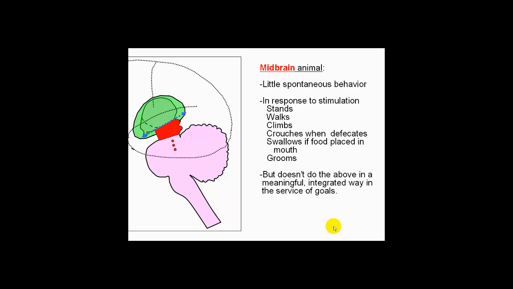So these guys still have very little, if any, spontaneous behavior. In response to stimulation, they now can stand, walk, and climb. So they have a fancier set of responses to stimulation, partly because they have organs of balance and for some other reasons too.